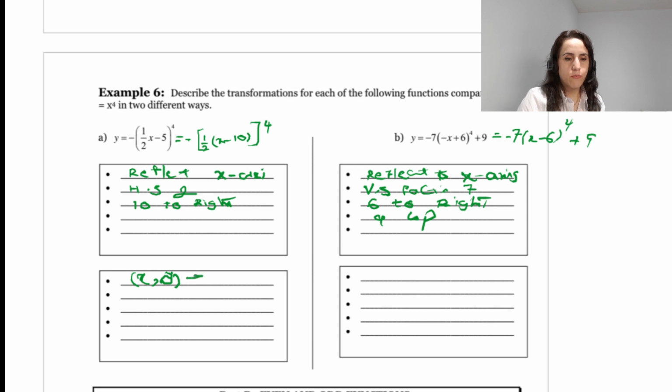What's going to be the formula for it? x and y is going to be, I believe, 2x plus 10 for x value.